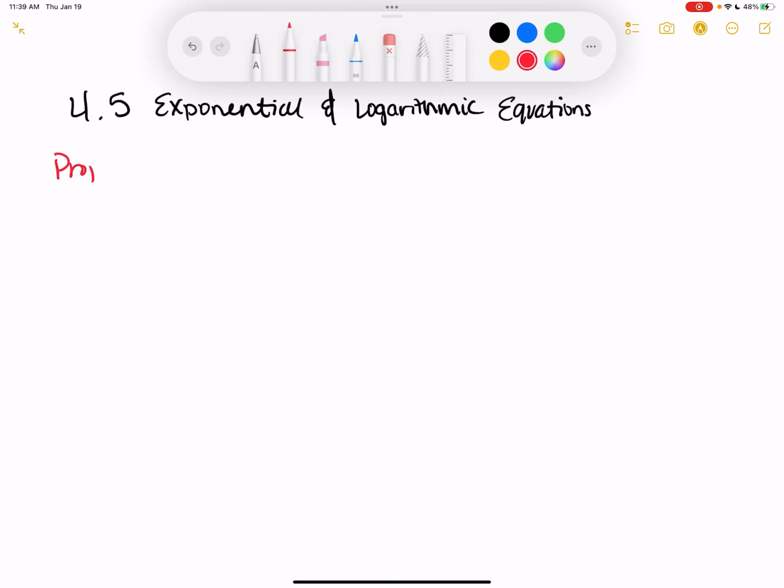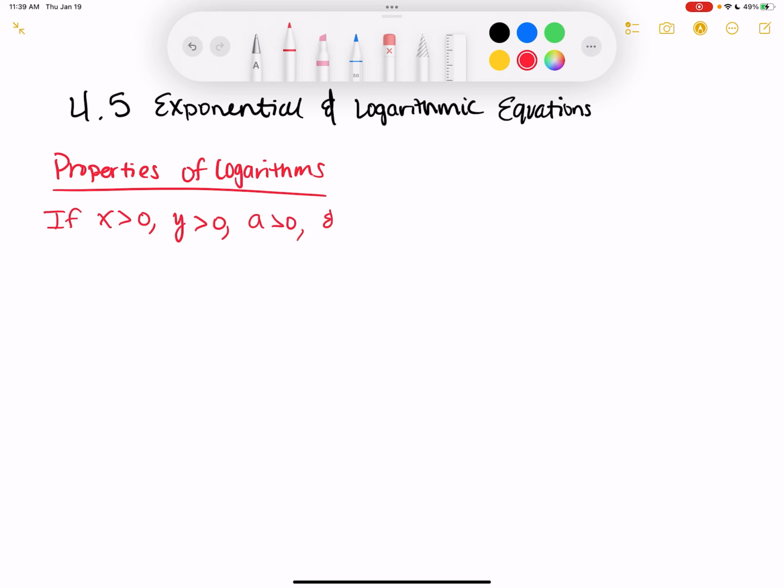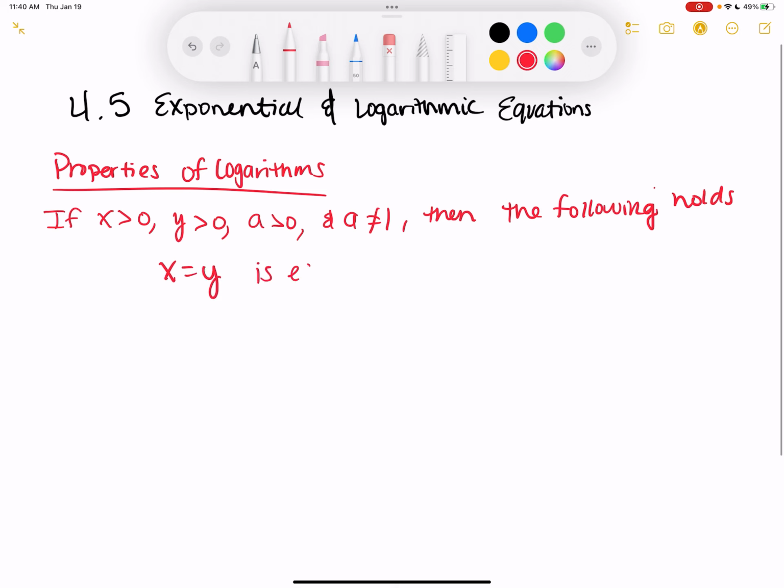Properties of logarithms. If x is greater than 0, y is greater than 0, a is greater than 0, and a is not equal to 1, then the following holds. x is equal to y is equivalent to log base a of x is equal to log base a of y.